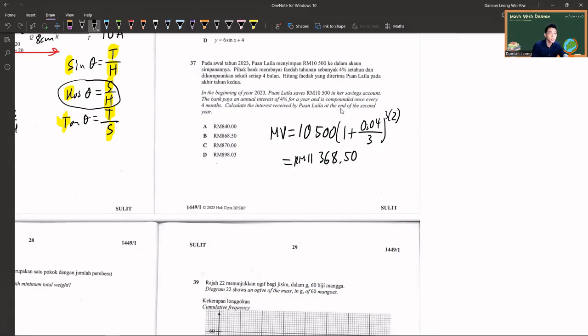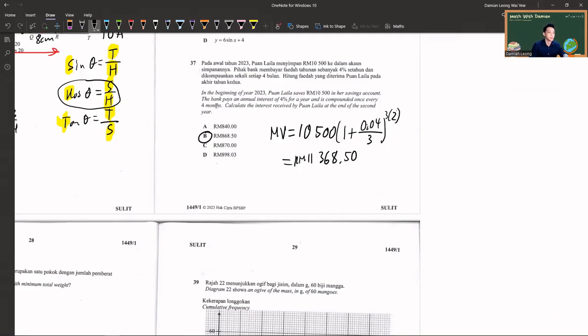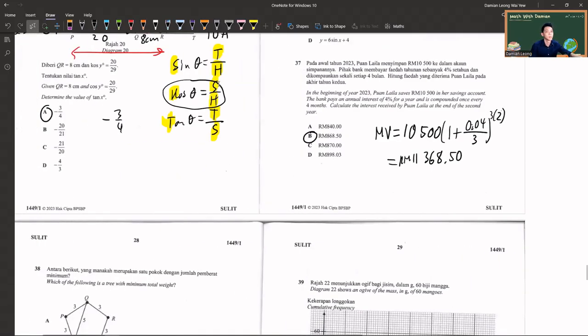So means interest faedah dia kami tolak dengan principal yang dia simpan dalam bank itu. So minus 10,500. So 868.50. That's B. Okay.